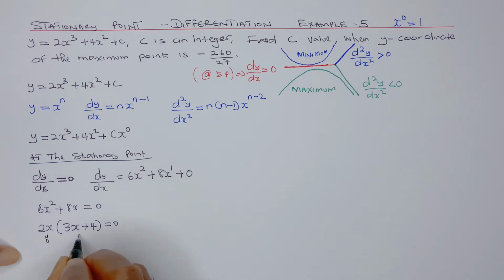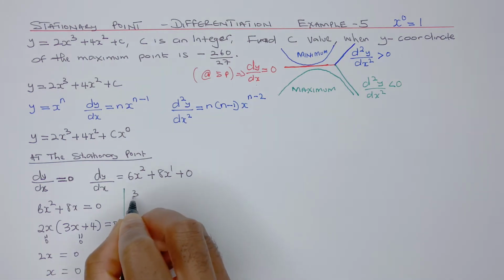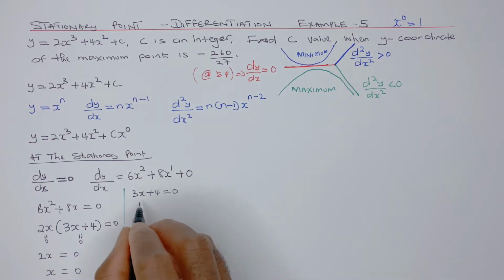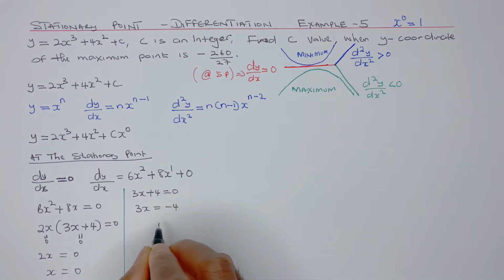So 2x equal to 0 is x equal to 0, dividing both sides by 2. Also, 3x plus 4 equal to 0. Therefore, 3x equals minus 4. X equals minus 4 over 3.